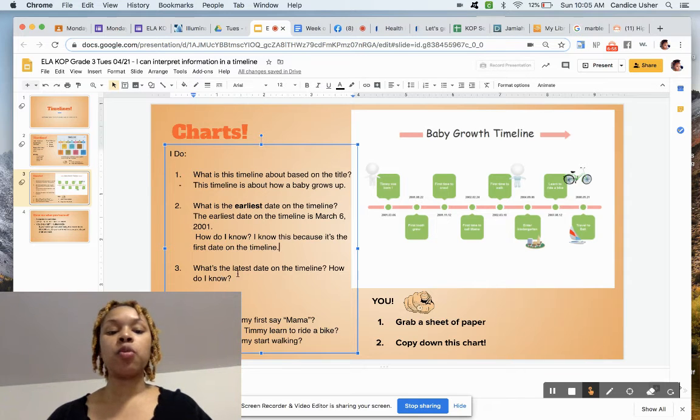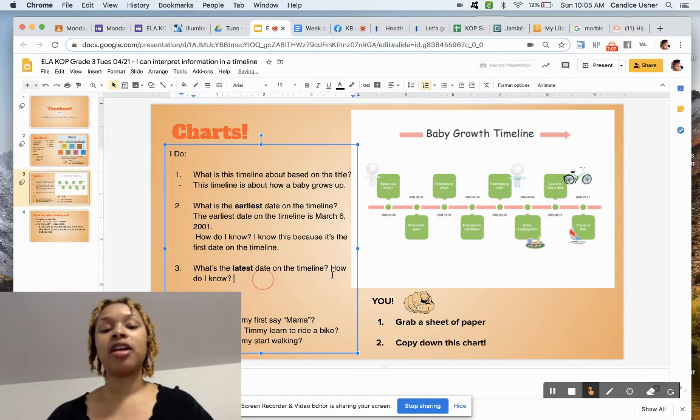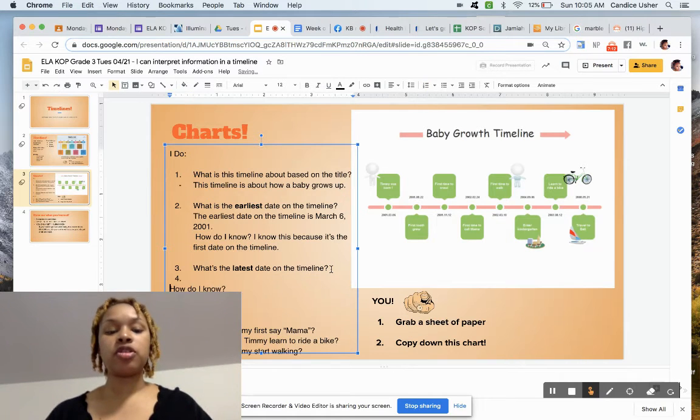Third question says, what's the latest date on the timeline? So if the earliest date is the first date, that must mean that the latest date, which is my keyword, is the very last date on the timeline. So I'm going to write that.